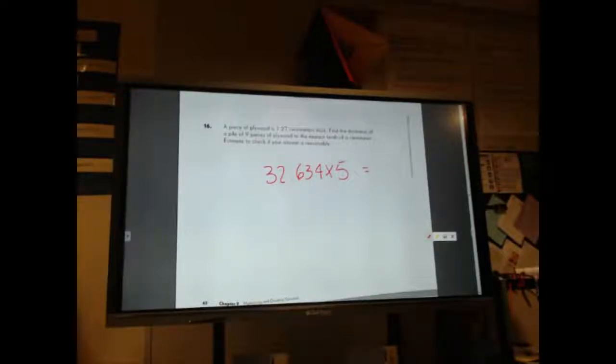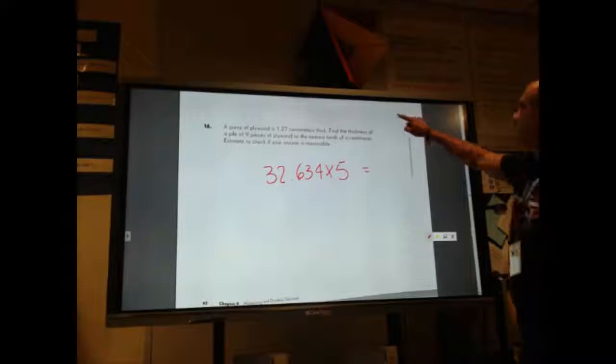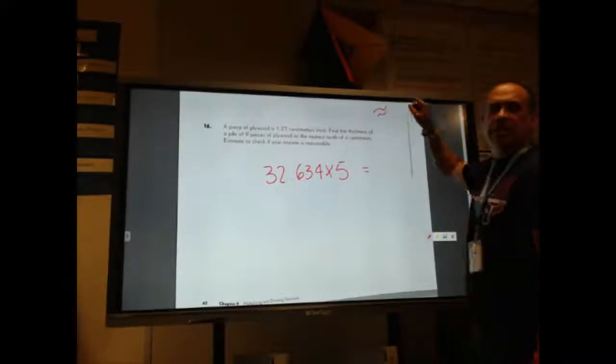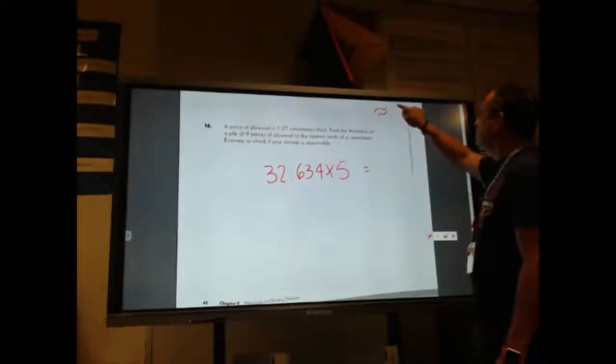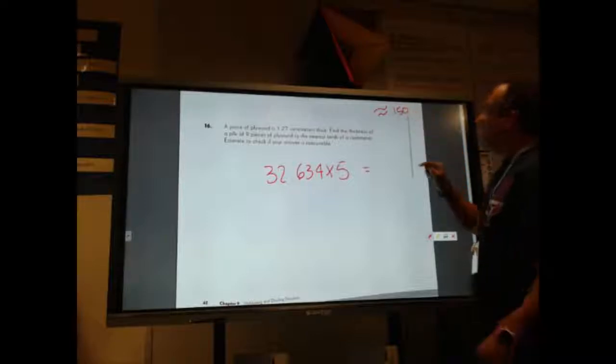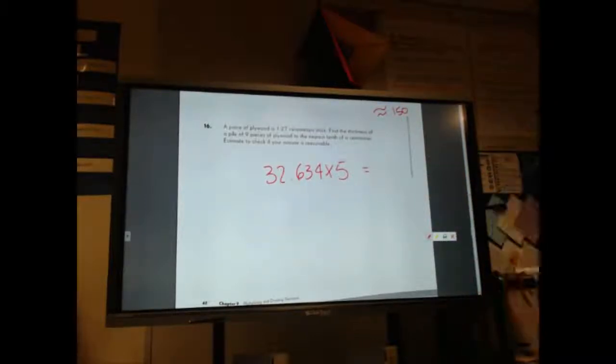And how much is 30 times 5? 150. 150, right? So my estimation is going to be around 150, slightly over 150, right? So it's not going to be 1.5, it's not going to be 15, and it's not going to be 1,500. It's going to be around 150, right?